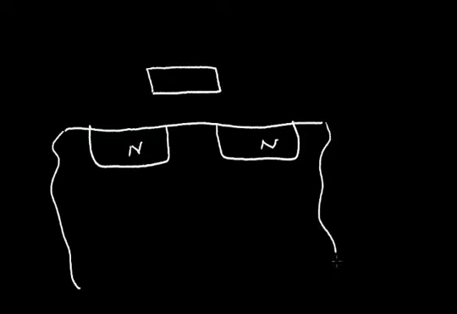Let's presume that we diffuse in a region here. This is an N-type region, this is an N-type region, and our wafer is composed of a P-type region.